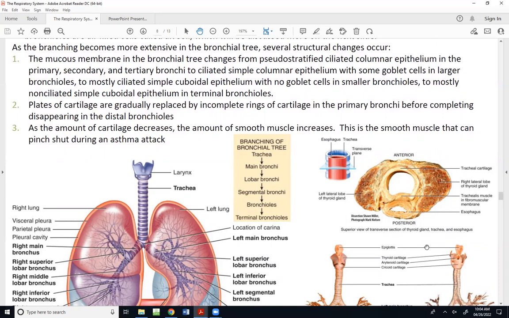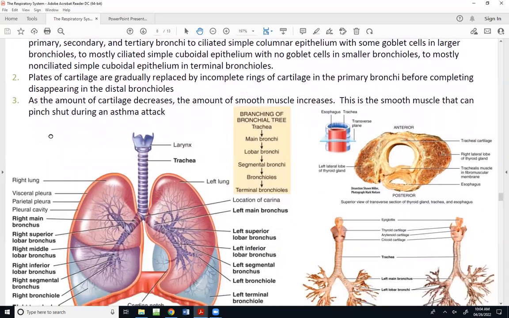No, but essentially, the further in you go, the less you're going to find cilia and the less mucus producing cells you'll have. And that's because hopefully by that point, you've already caught all the dust and you've moved that dust outward. So you don't need to have the ciliated cells. You don't need to have the mucus producing cells as much.